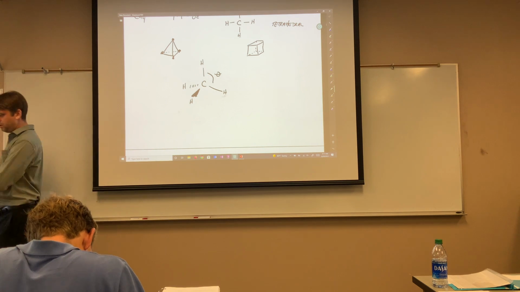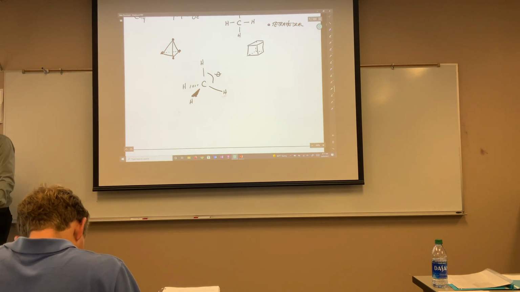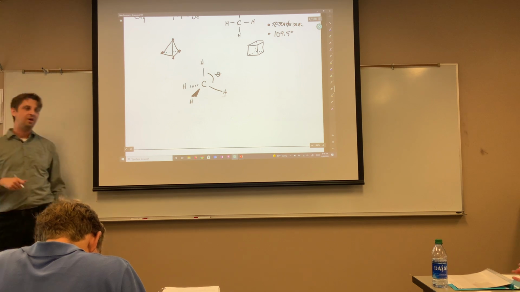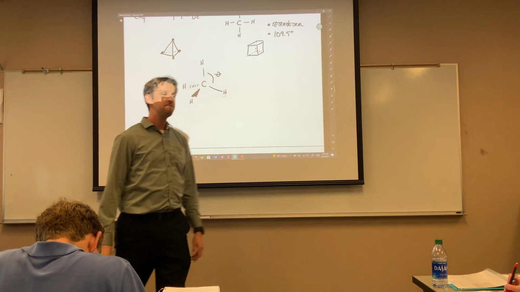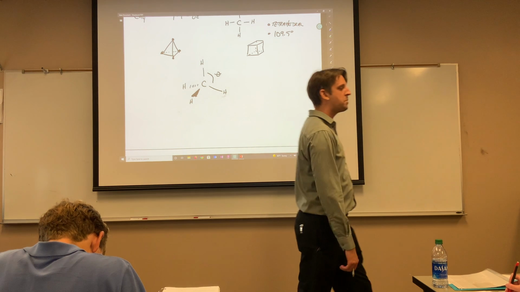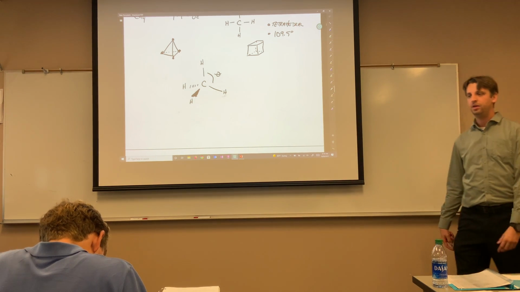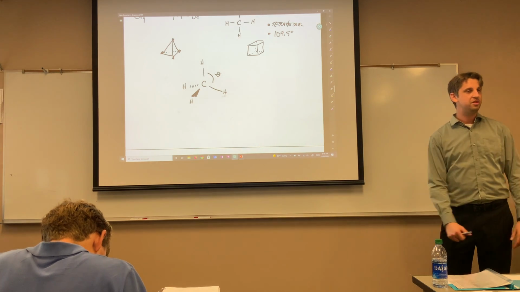Shape determines function, shape determines reactivity. Good? So, in a tetrahedral molecule, 109.5 degrees is the idealized bond angle. We typically have a central atom with 4 things around it. Does it matter if those 4 things are hydrogen?